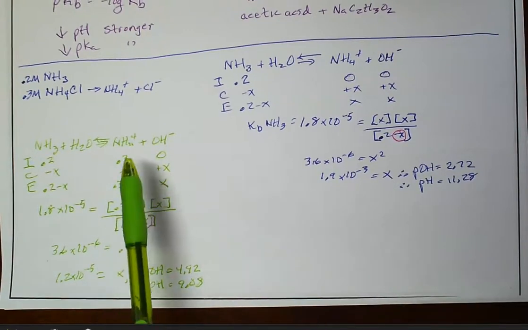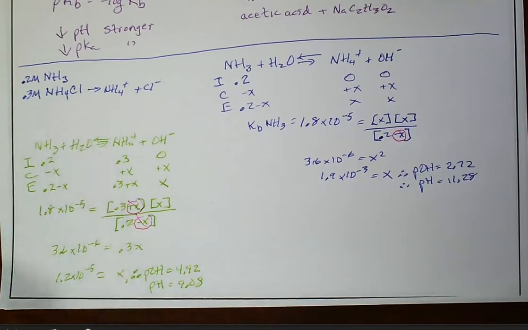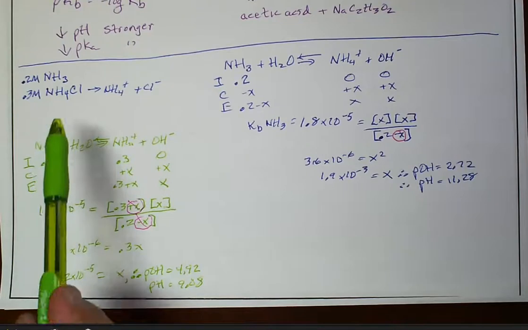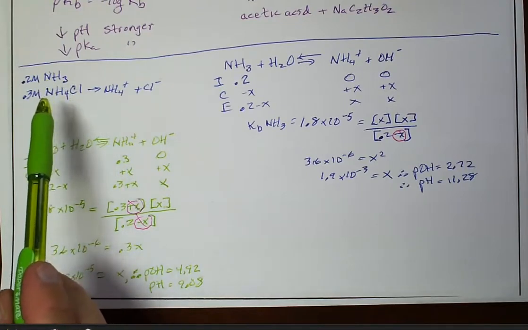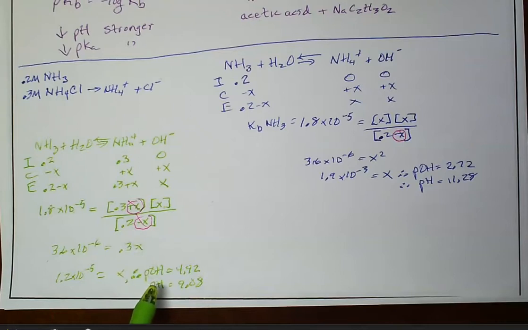And what we have here with this mixture of these two things is a buffer. This one consists of a weak base and its conjugate acid. And this will hold the pH very close to 9.08.